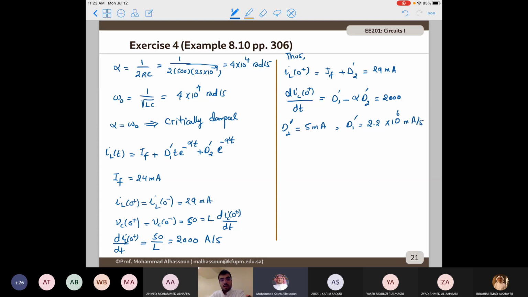Okay, now we found D1 prime and D2 prime. We found the final value, so everything we need now is available.